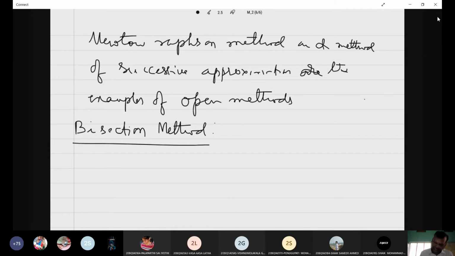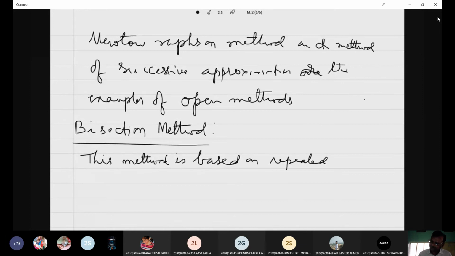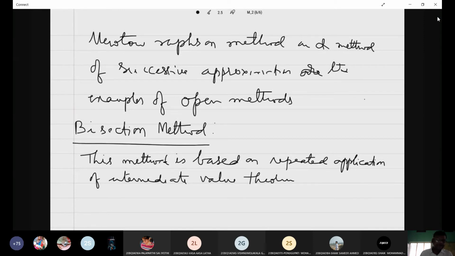This is most important. Now, what is the meaning of intermediate value theorem? Anyone?